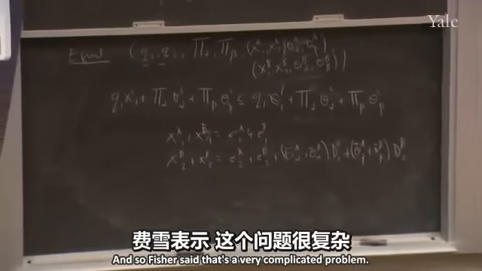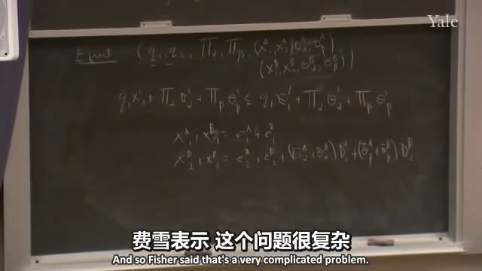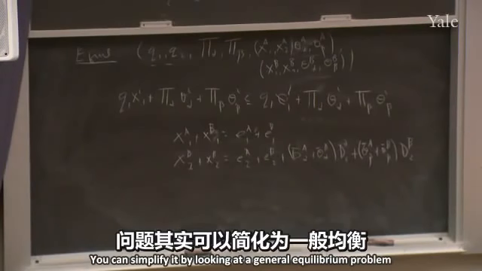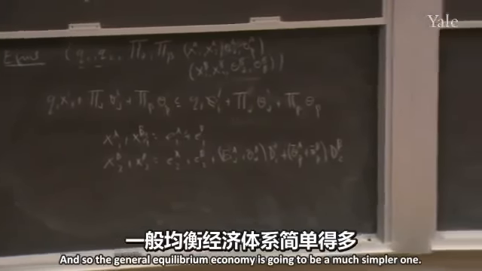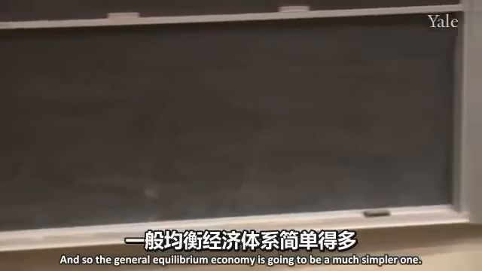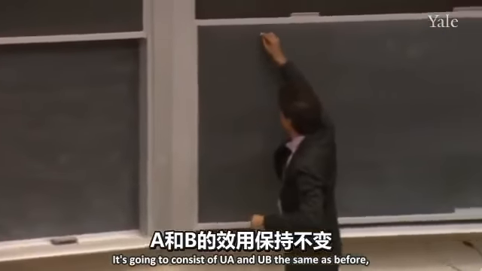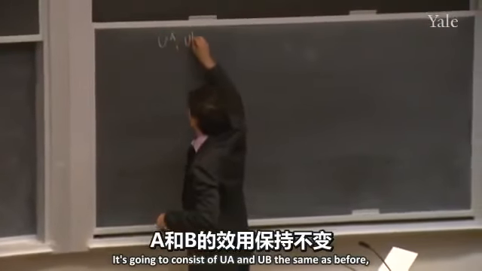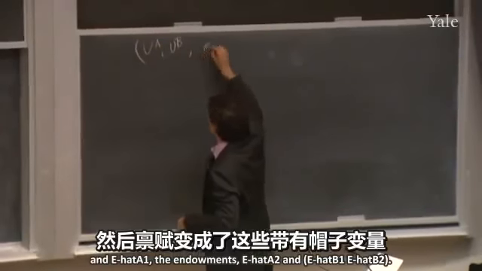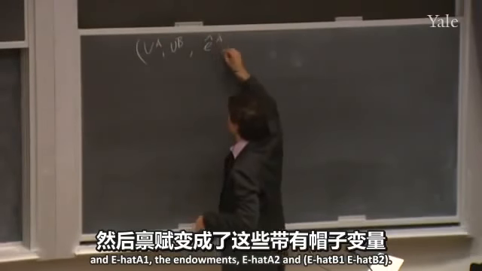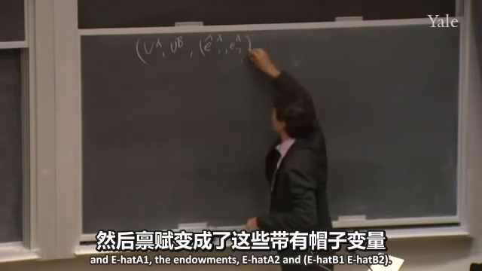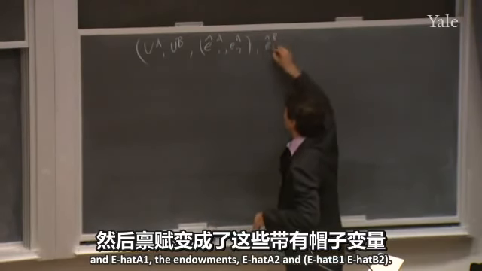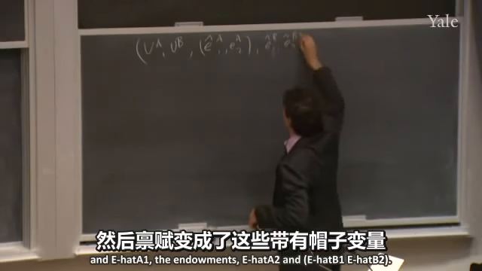And so Fisher said, that's a very complicated problem. You can simplify it by looking at a general equilibrium problem, which is much shorter to describe. And so the general equilibrium economy is going to be a much simpler one. It's going to consist of UA and UB, the same as before, and the endowments E hat A1, E hat A2, and E hat B1, E hat B2.